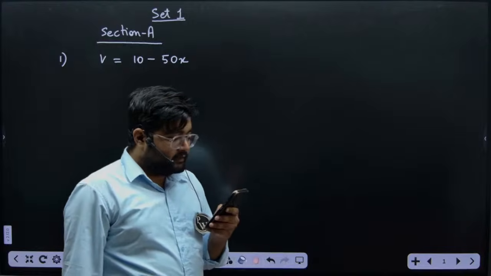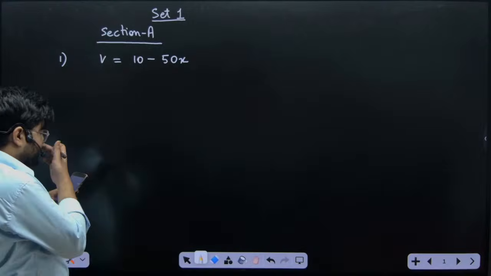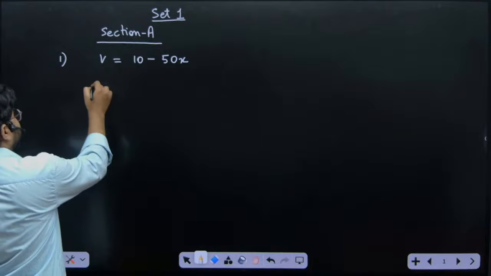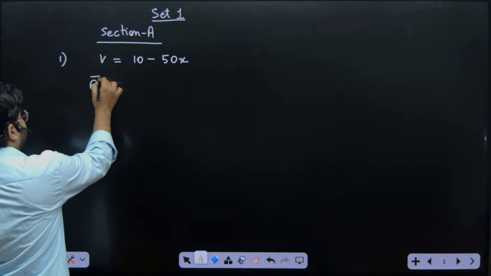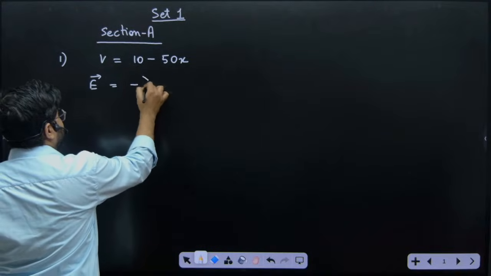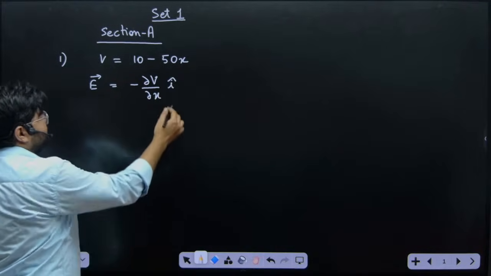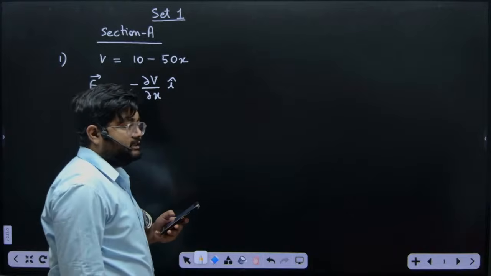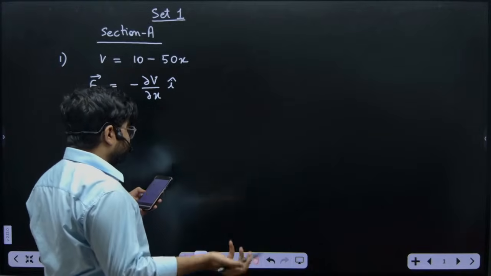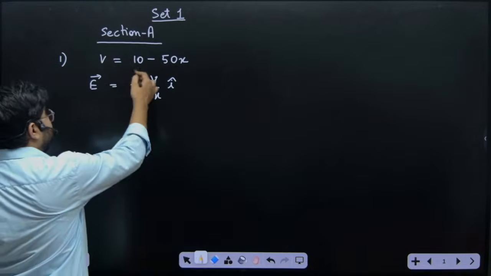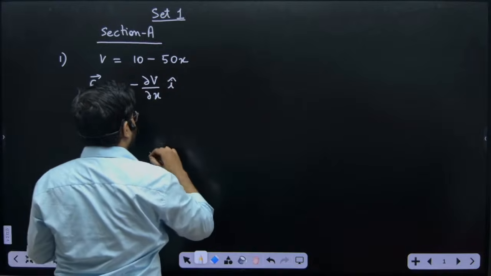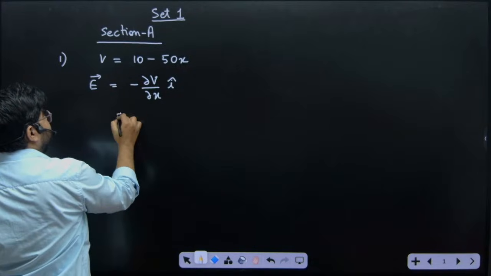Now they are asking us the electric field in the region. So it's quite easy. We know electric field is given by minus del V by del x i cap, minus del V by del y j cap, minus del V by del z k cap, but we do not need that obviously because it doesn't contain y or z terms. We just need to differentiate this.